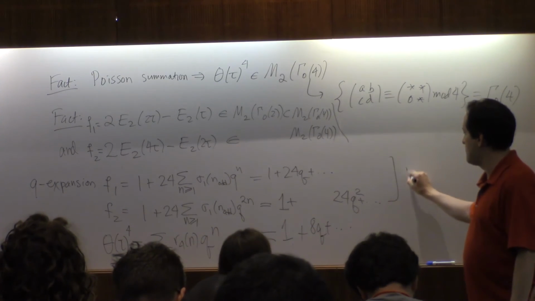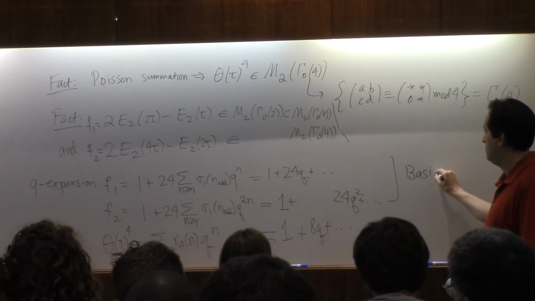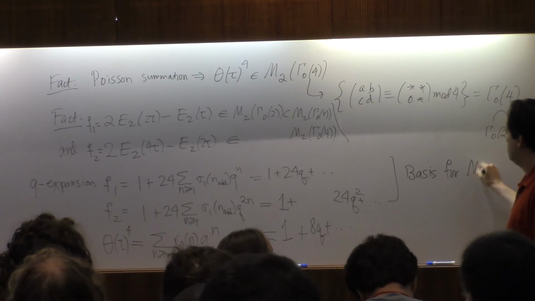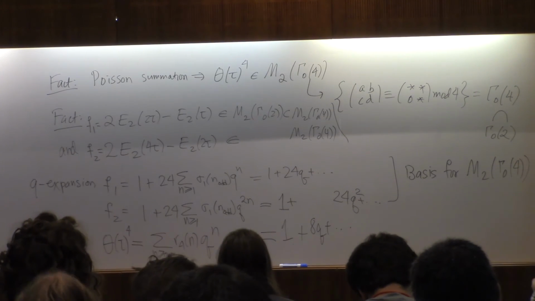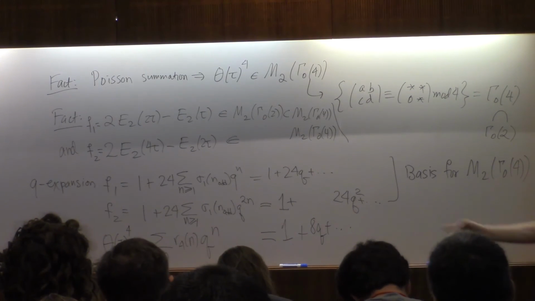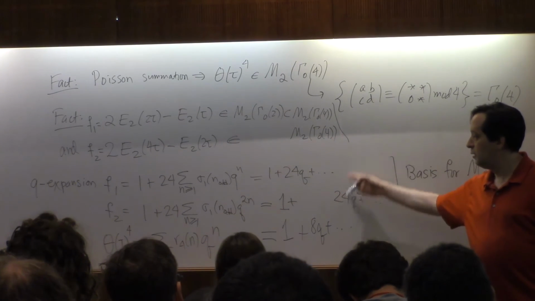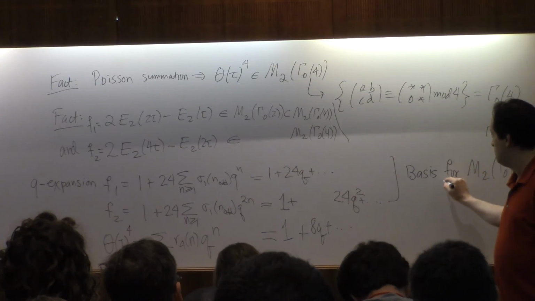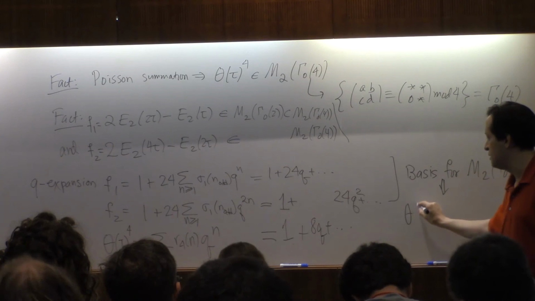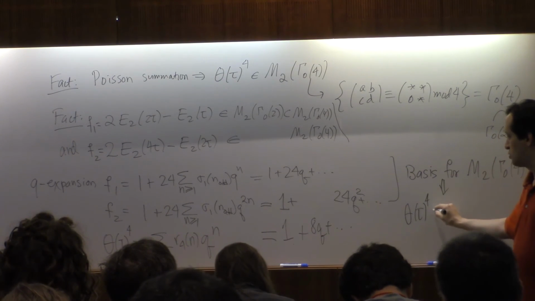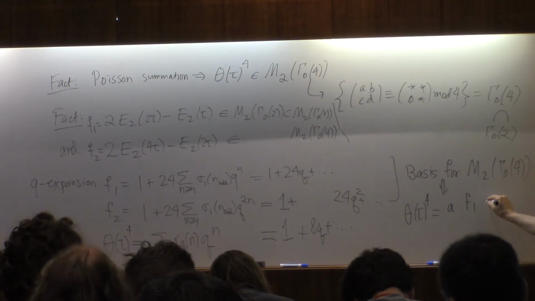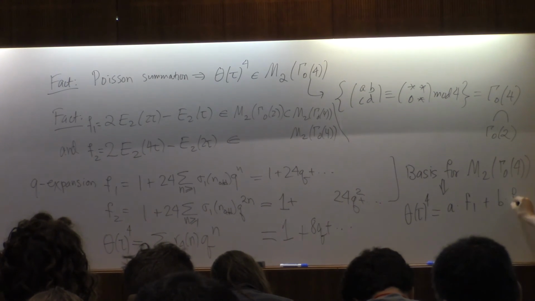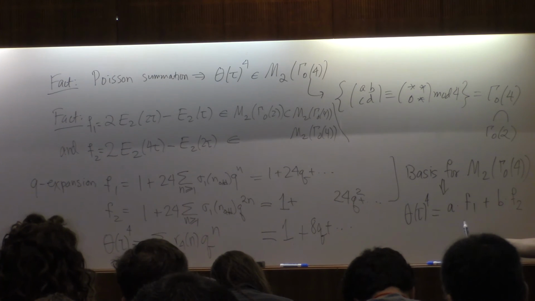So if you use this as a basis for this space, if you believe that it really is two-dimensional, well, this has to be a linear combination of these two guys. If you use that basis, then the sum of 4 squares generating function is some number times the first plus some number times the second, and so it becomes a linear algebra problem.